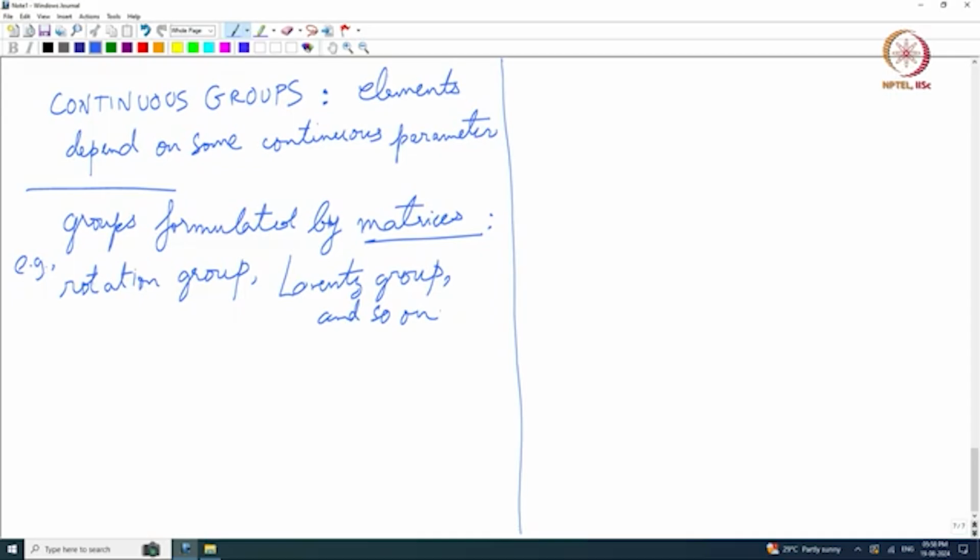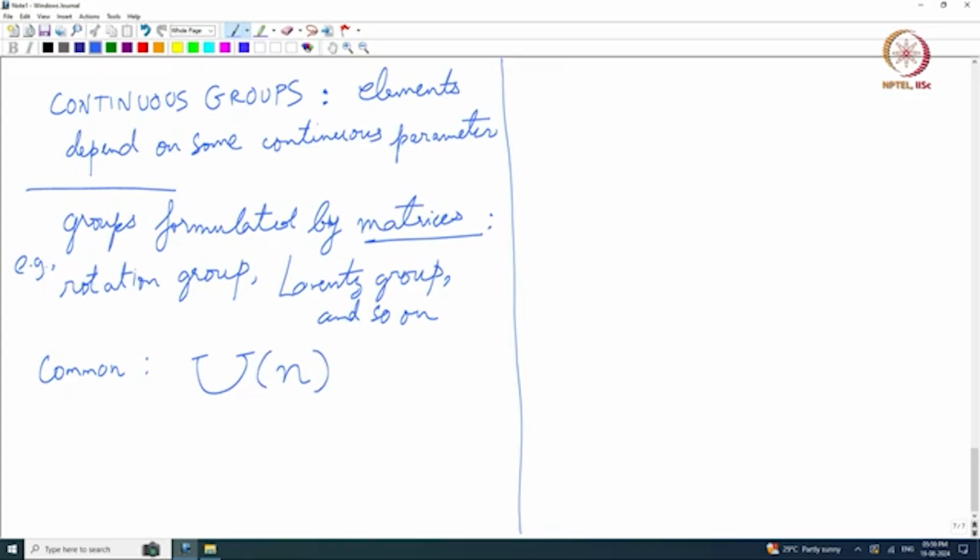Okay, so let us list some of these, beginning with something that we already saw. A very common group is the one consisting of unitary matrices that I am going to label with an N.